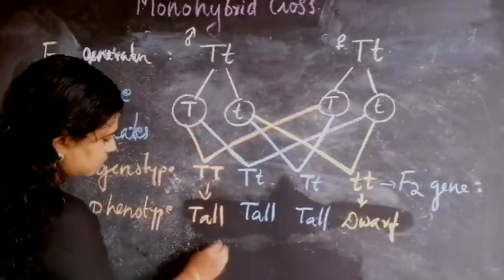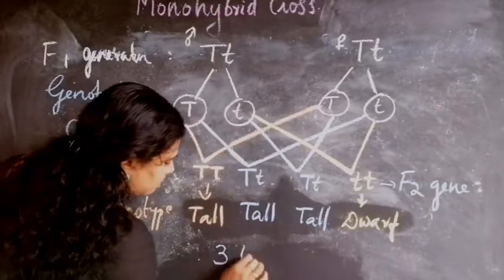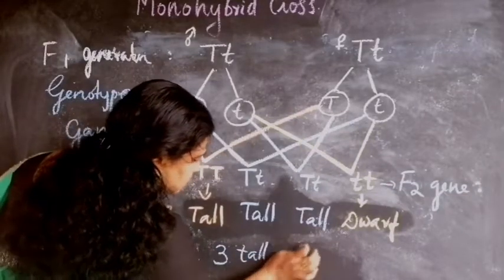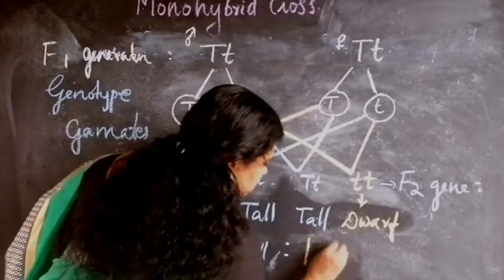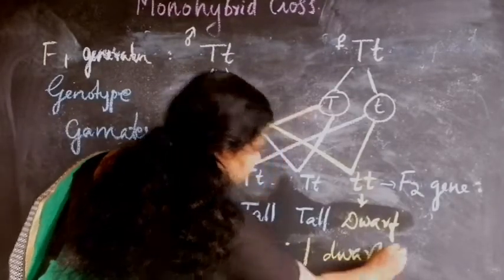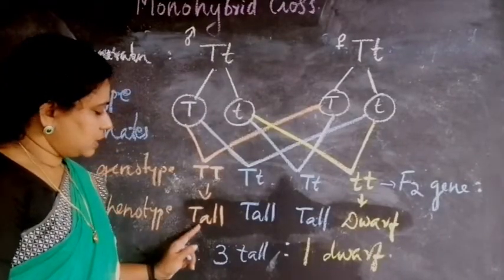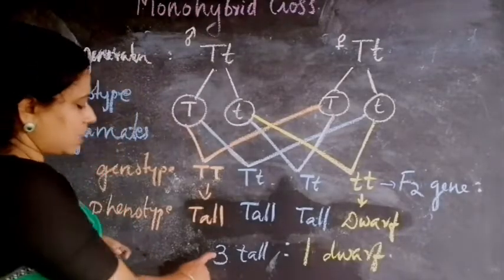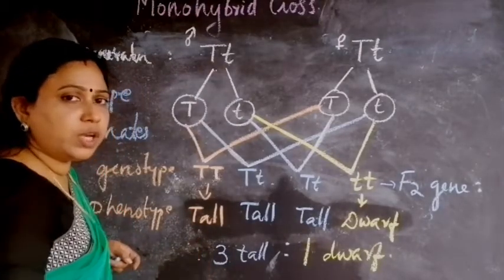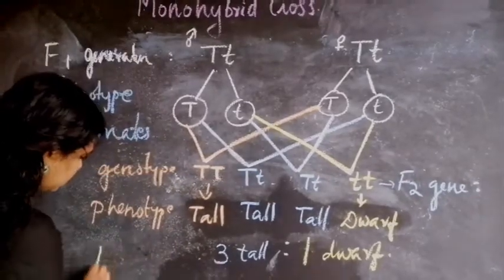The phenotype: we got 3 tall plants and 1 dwarf plant in the F2 generation. And this is called the phenotypic ratio of this monohybrid cross. What is it?